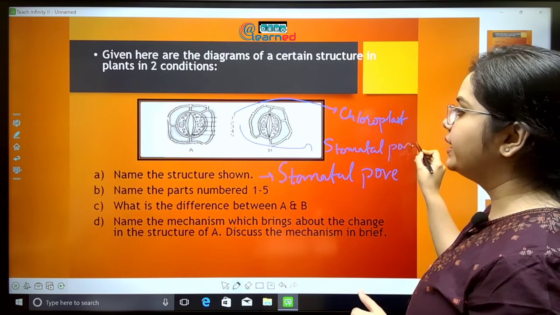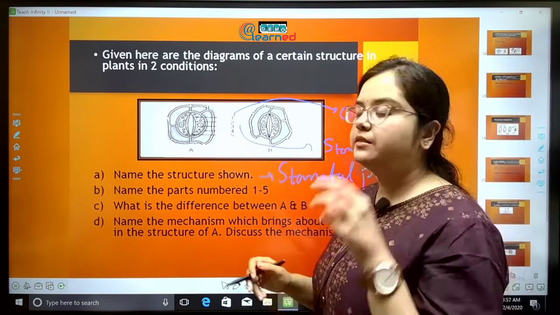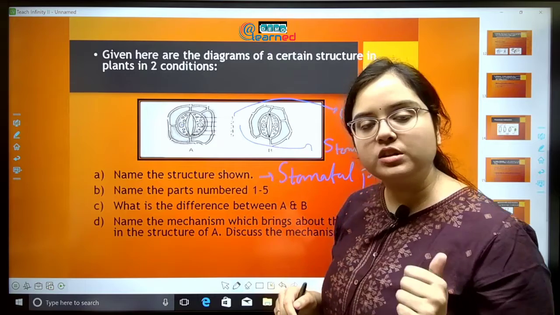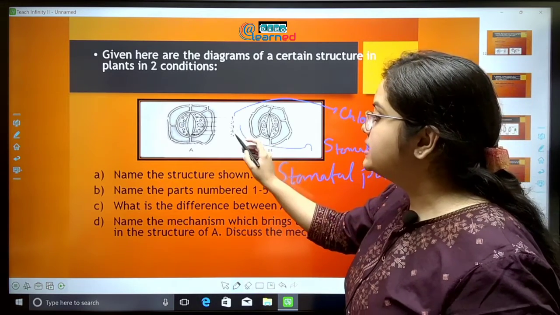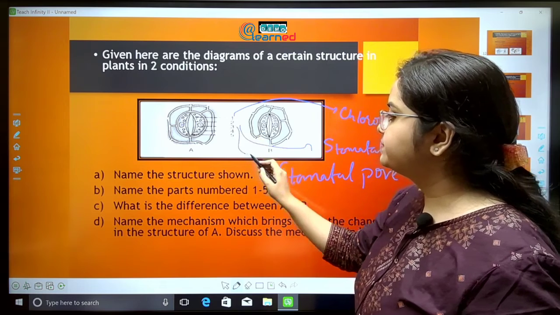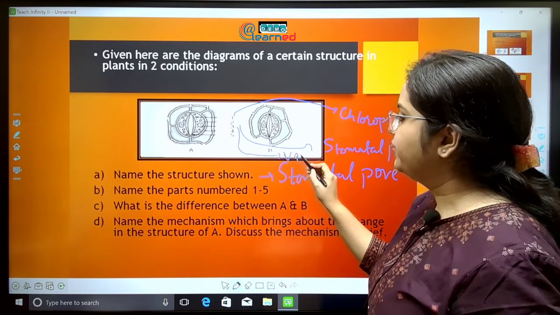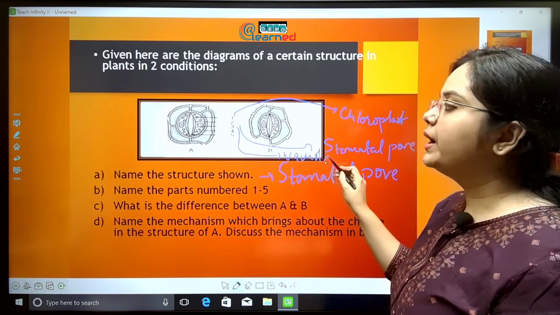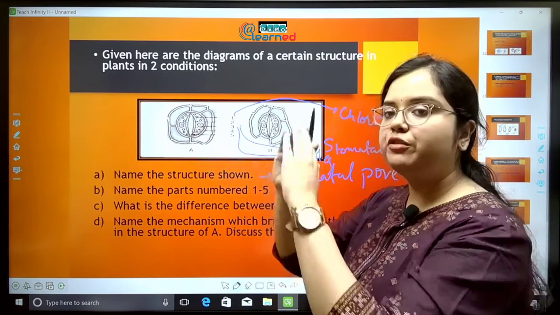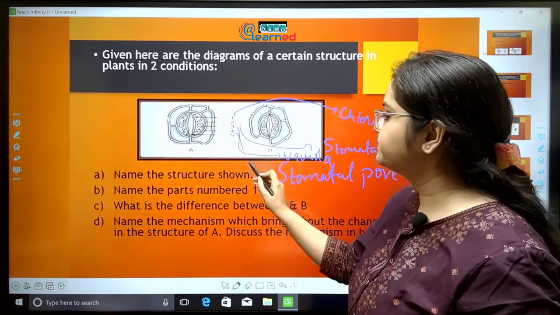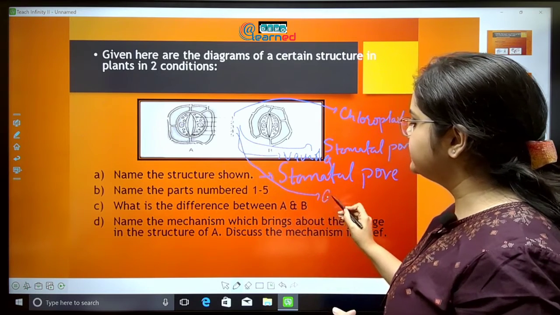The third one, these big spheres, these are the vacuoles which are taking up the water, making the guard cells turgid. So these are the vacuoles. The fourth one will be guard cell, of course. The stomatal pore flanked by the guard cells.